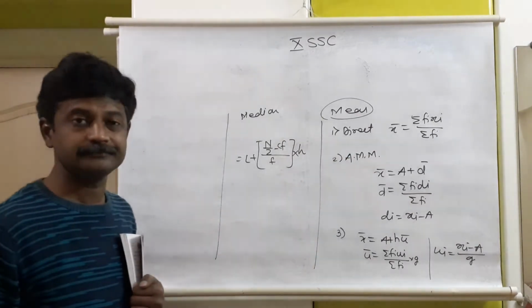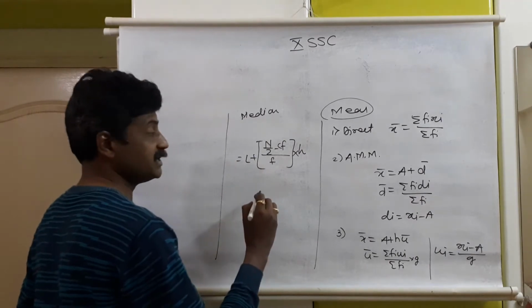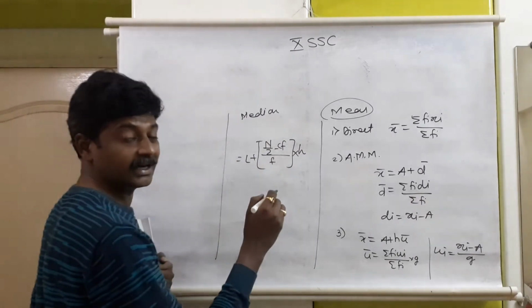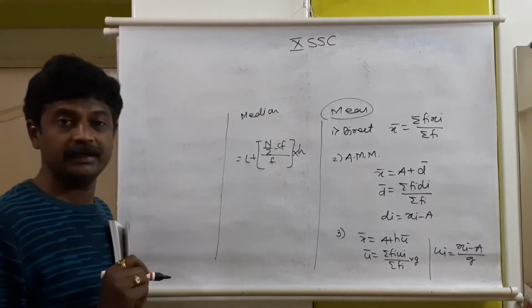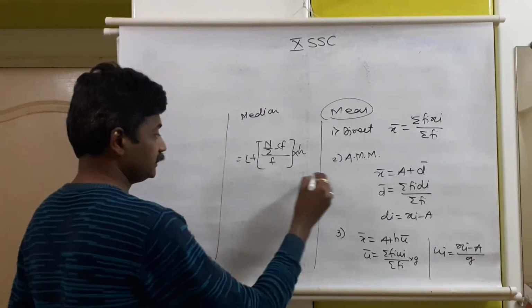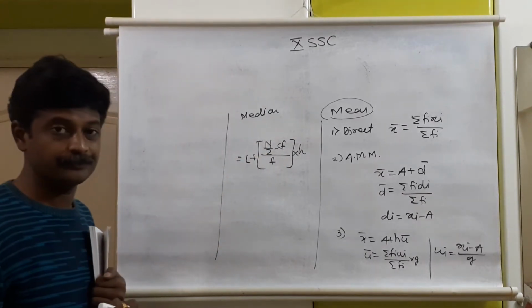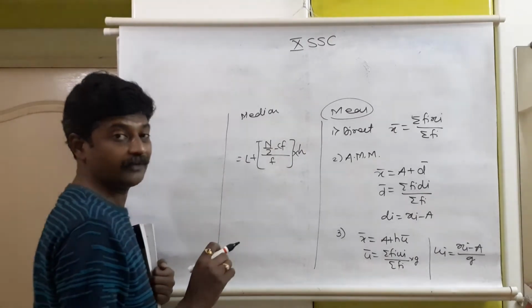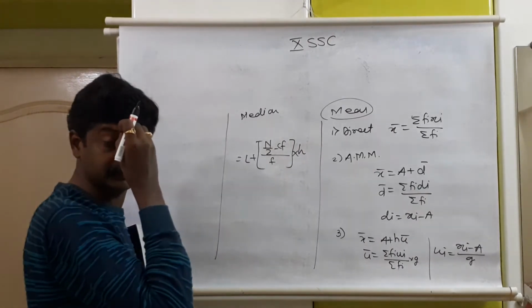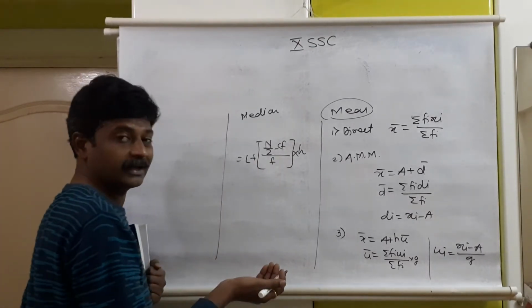That is the median class. Now, when the classes are continuous and we have marked the median class with the help of the n by 2 value, the lower limit of that class in continuous form is the value of L. n by 2 is already calculated.